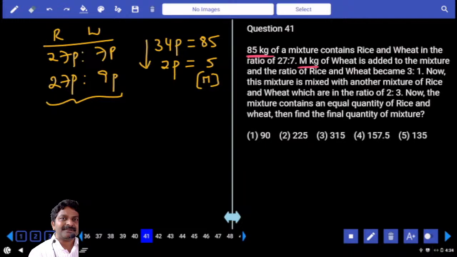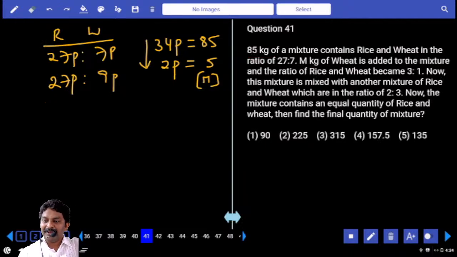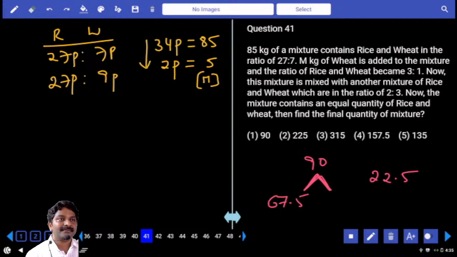How many parts? 4 parts. 90 kgs must be divided in 3:1. 4 parts, which is equal to 22.5, so 67.5. Agreed or not? Right.